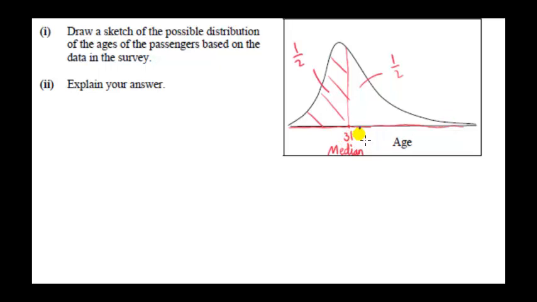Now we saw previously that the mean of a distribution is the balance point of it. So if you can imagine that we have this curve balanced on this horizontal line here, something like a seesaw balanced at this point here. Even though we have more area to the left than to the right, if the mean is greater than the median, you can see clearly we've more area to the left, more than half.